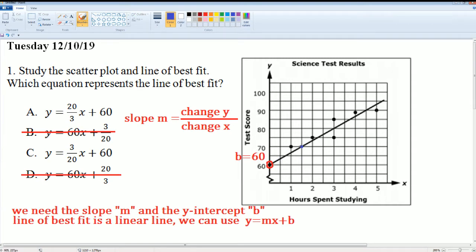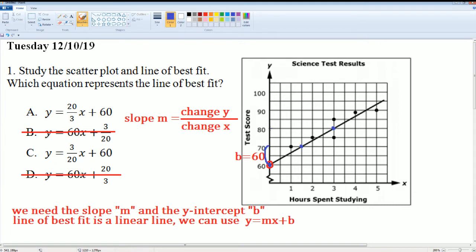Right here. That's a good point to get because you see how it crosses right there. So we're going to go from here to here. When you pick the two dots, you want to pick from where it intersects. Do you see how it doesn't intersect right at a line? So you wouldn't pick this point. You could pick here if you want. So how much did you go up? 60 go up to 10.